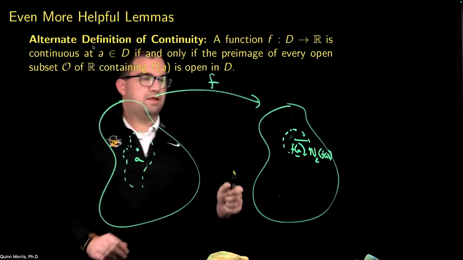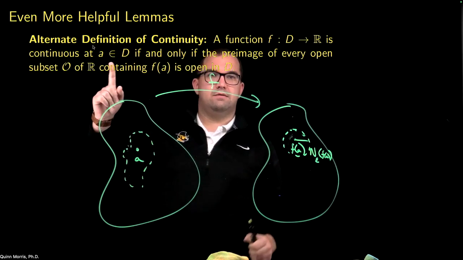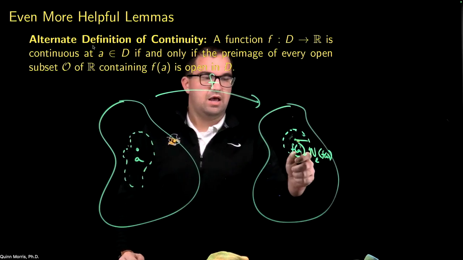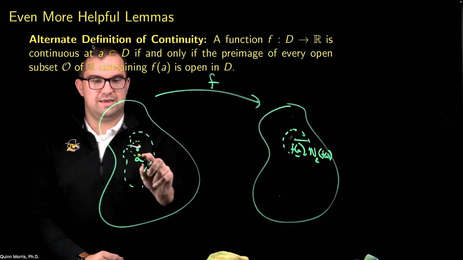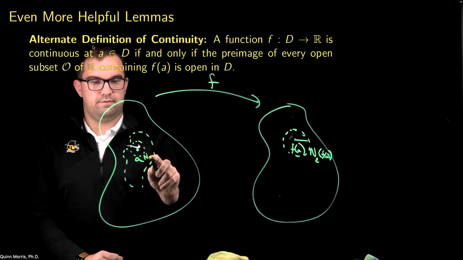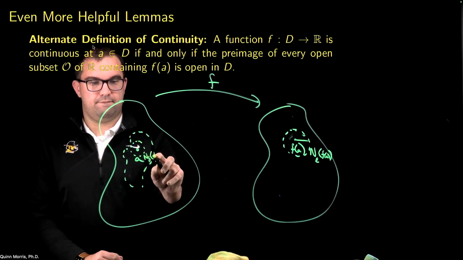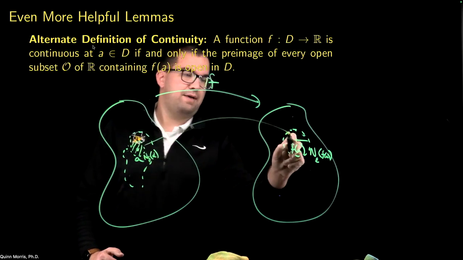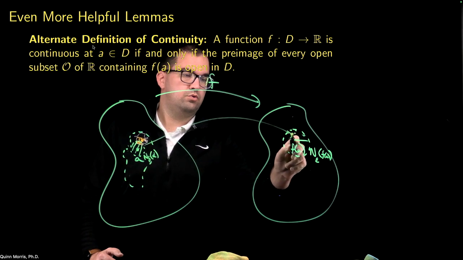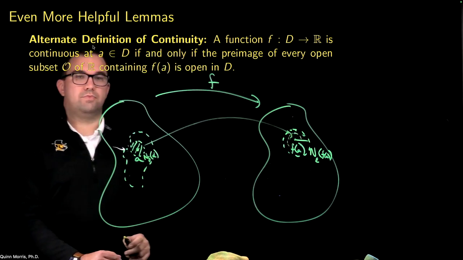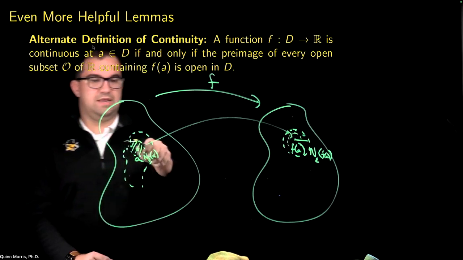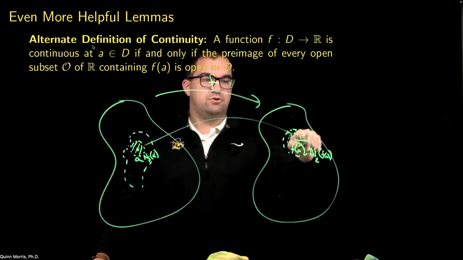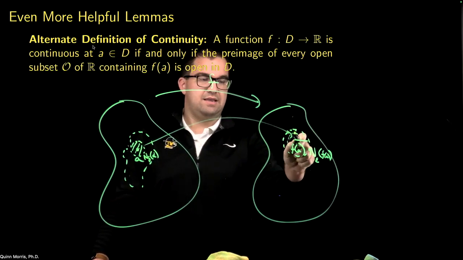But the idea is from my epsilon-delta definition, I know that there exists some neighborhood of radius delta over here, so that whenever I'm inside here, this maps back to live inside here. For every epsilon, there exists a delta, so that anytime I'm within delta of a, my output values are within epsilon.